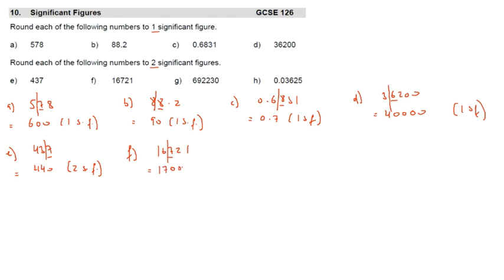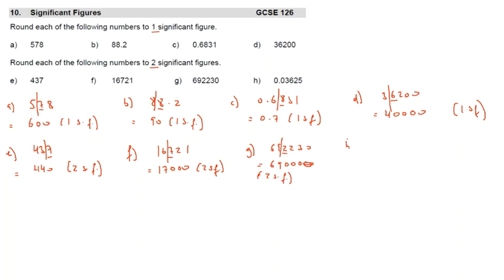So it'll be 17,000 to 2 sig fig. G, 69223. 1, 2, cut. 2 means stay the same. 6, 9, 1, 2, 3, 4. So that's 1 naught there. So that's 690,000 to 2 sig figs.